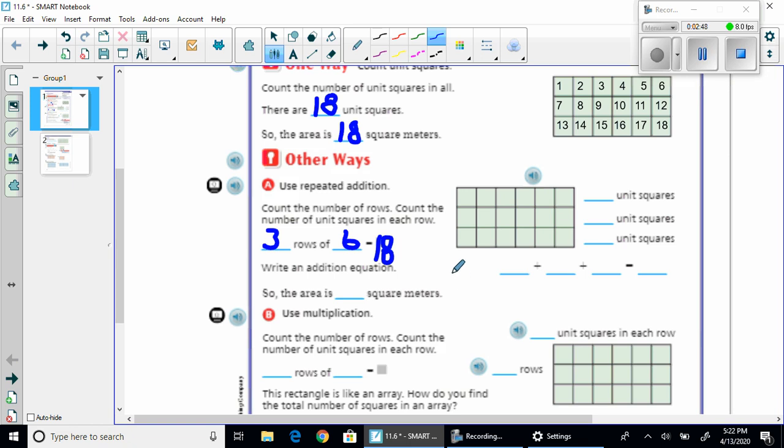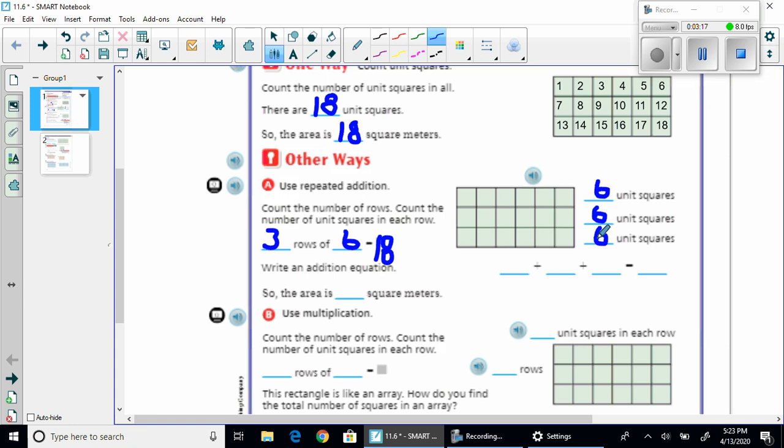Okay, so over here we're going to show the example also using repeated addition. These boxes here are asking you how many square units are in each row. This first one, there are 6, so I'm going to write the number 6 here. Now what we know about an array is all the rows are the same. They have the same number in each. So my second row will also be 6, and my third row will be 6 as well.